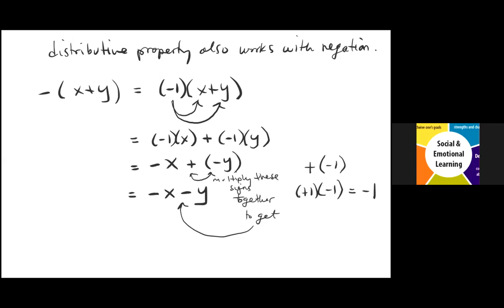So if we had an example, like 2 plus negative 3, we could say that's the same thing as writing 2 minus 3, which is negative 1.